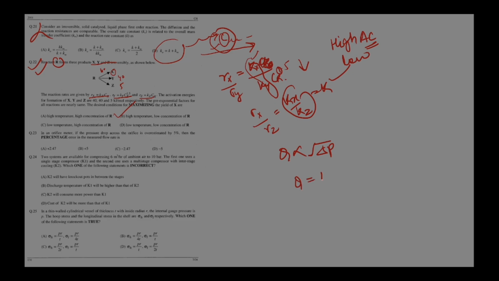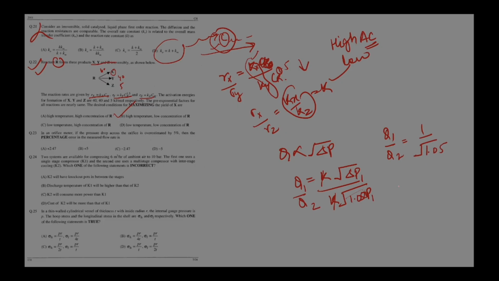So Q1 is equal to K root of delta P1, and Q2 is equal to K root of 1.05 delta P1, with delta P1 the pressure drop. So Q1 by Q2 is 1 upon root 1.05.